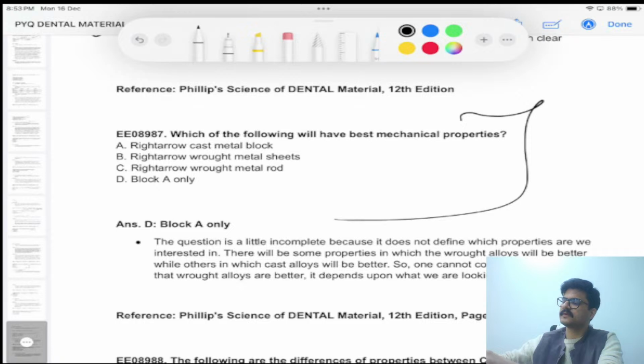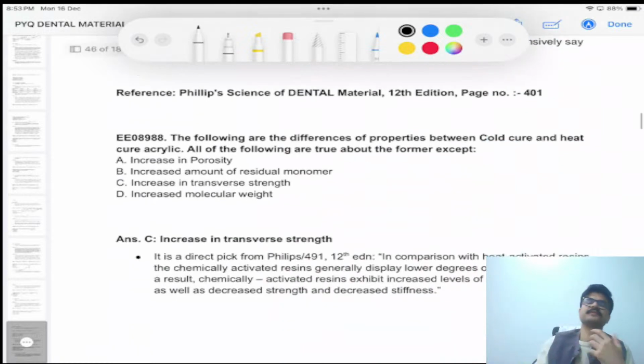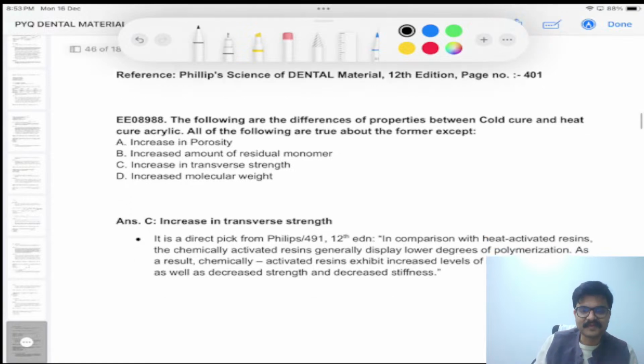I sent this image in the Telegram group also. Basically, this was talking about the relative properties between cast alloys versus wrought alloys, right?